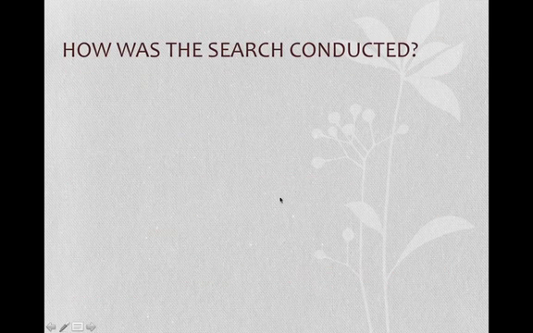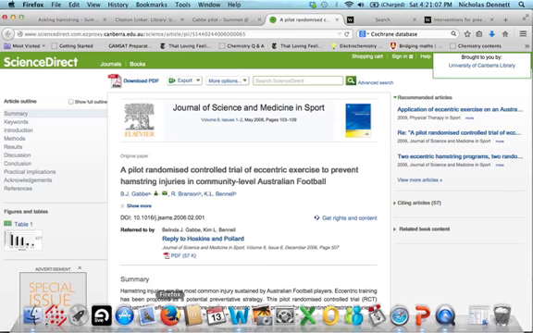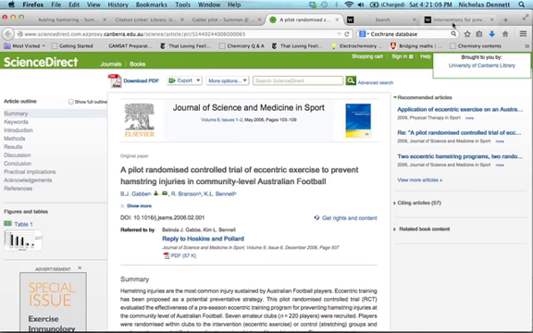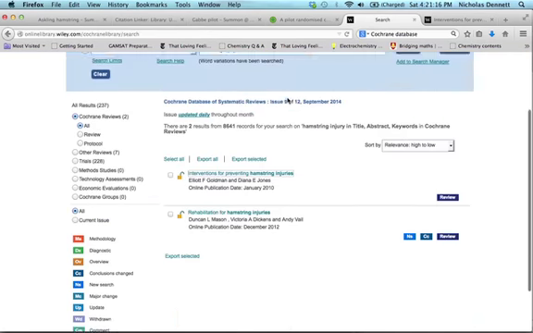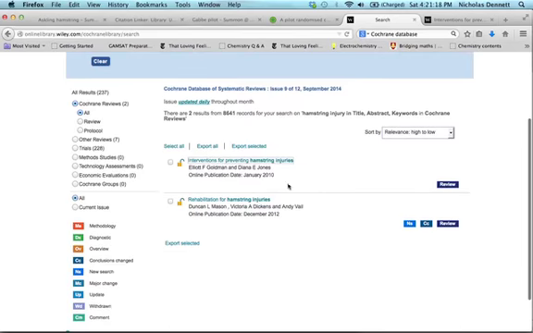I basically started my search at the Cochrane database. I typed in hamstring injury into the search. I came up with these two, and I chose to look at interventions.